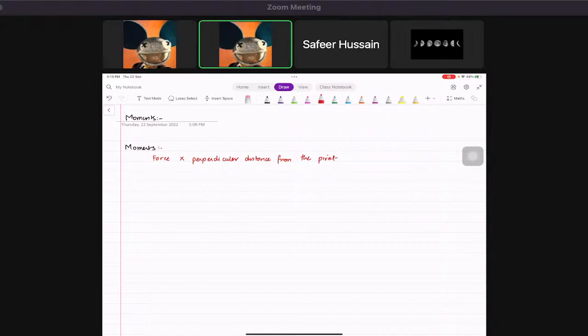Now what you need to understand is that moment is basically force times perpendicular distance. The SI units are Newton meters, and a moment is a vector quantity.